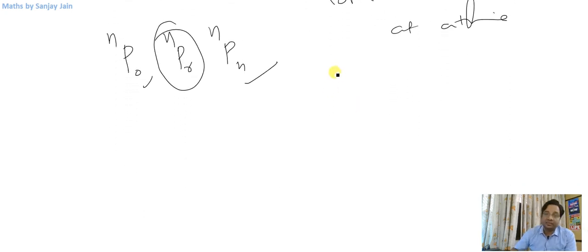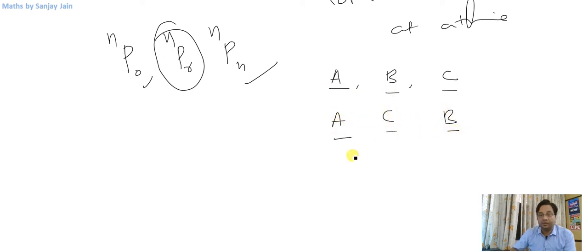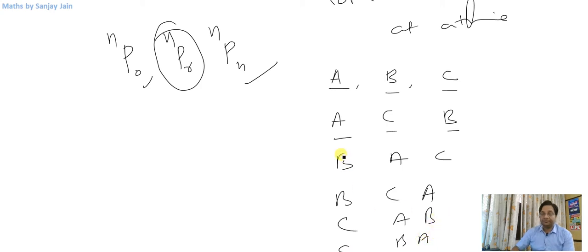What I mean is, let us say I've got three letters A, B, and C. So I can arrange these in a line like this: ABC, or ACB, or BAC, BCA, CAB, CBA, right?